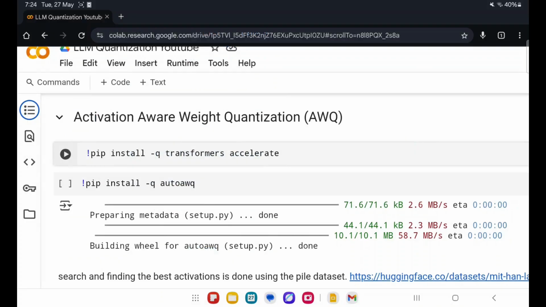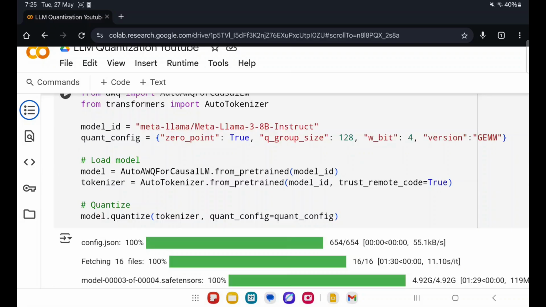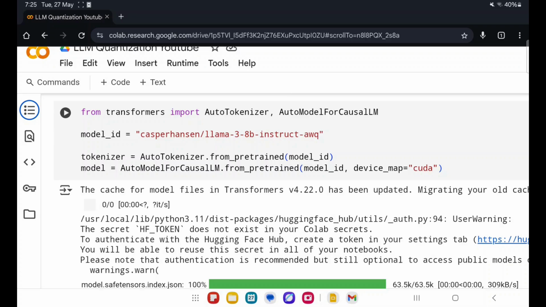In the code, we first installed transformers and accelerate. Using the config with zero point as true, Q group size as 128, W bit as 4, and version GEMM, you can now quantize the model, but this was taking 2 hours in Colab. The dataset that we are using is the Pile dataset.